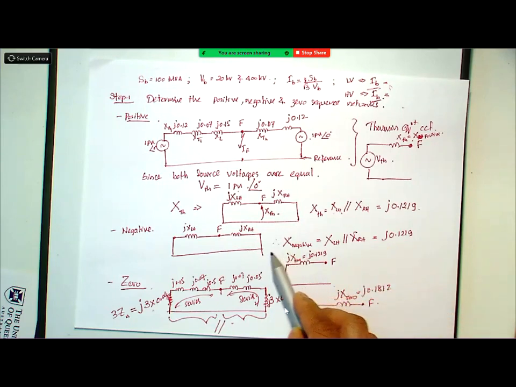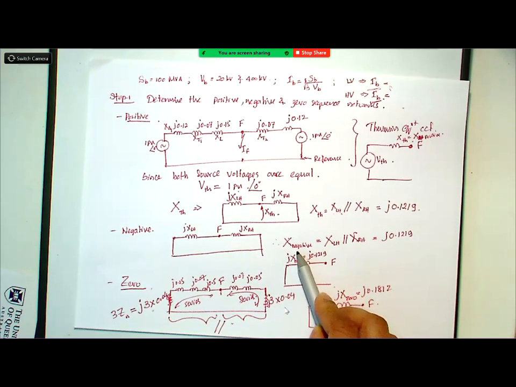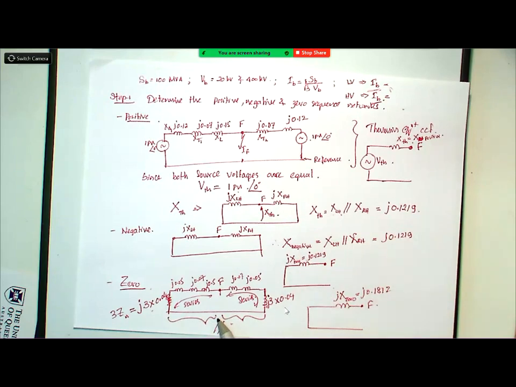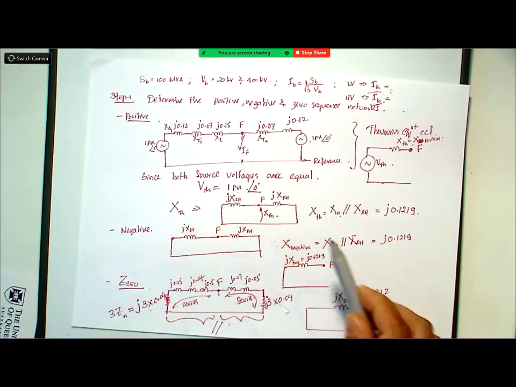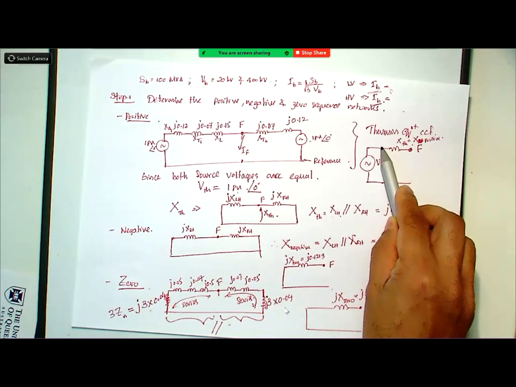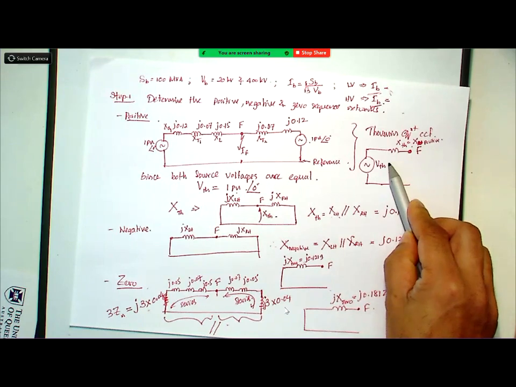So for this specific fault, are we going to consider the zero sequence? No. Why? It is a line-to-line fault. In a line-to-line fault, it is only the positive sequence and negative sequence, right? So we don't need to derive this part, but we need to connect these two circuits in parallel.